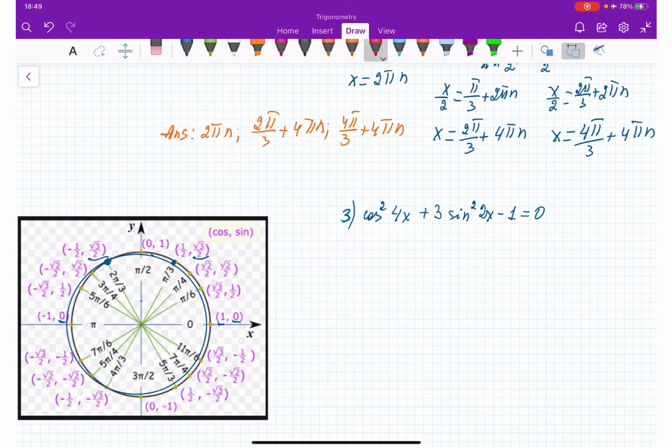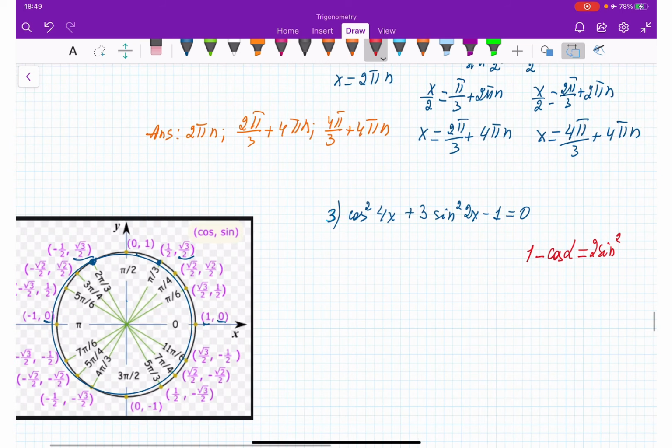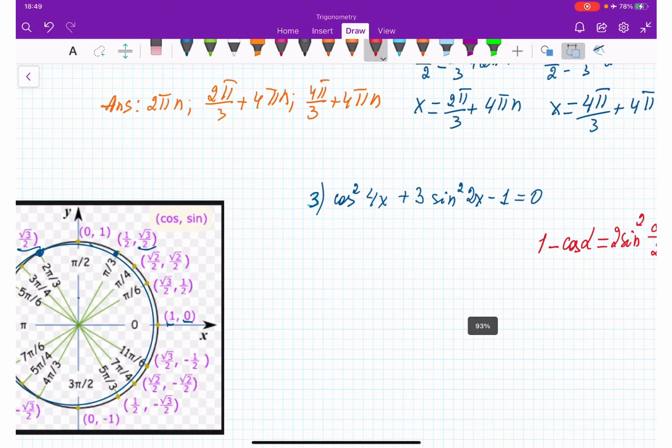And that formula is 1 minus cosine alpha is equal to 2 sine squared alpha over 2.